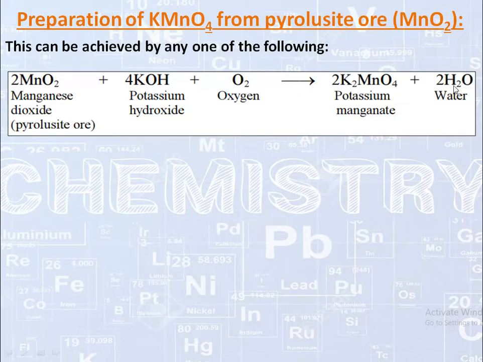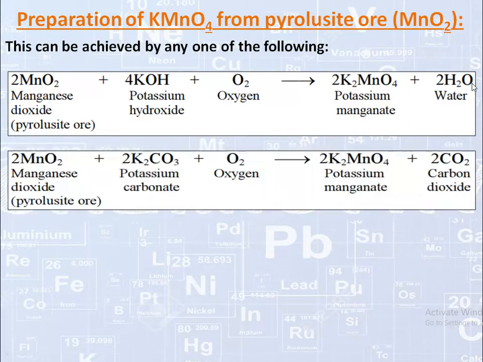You have to balance the reaction using any method which we have already learned in 11th standard. So the final reaction will be 2MnO2 plus 4KOH plus O2 gives 2K2MnO4 plus 2H2O.